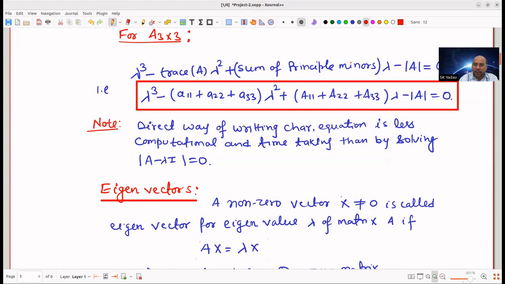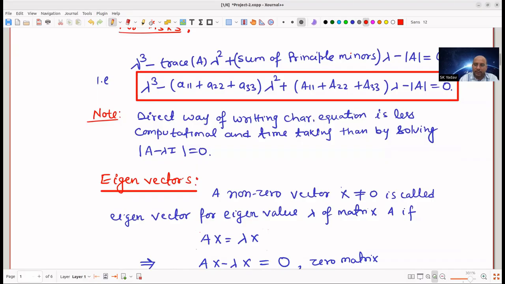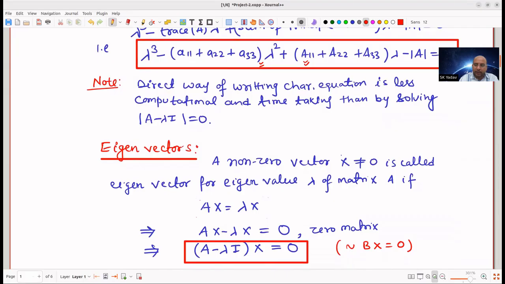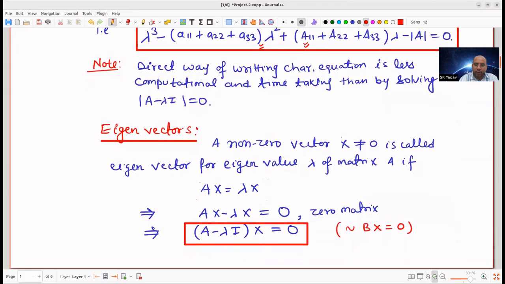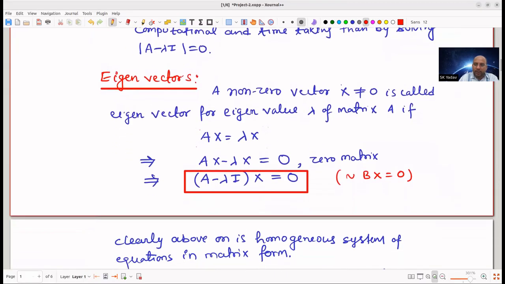Next, I will explain how to find the sum of principal minors and the trace of a matrix in the examples. Before that, let us look at eigenvectors. So what is an eigenvector?